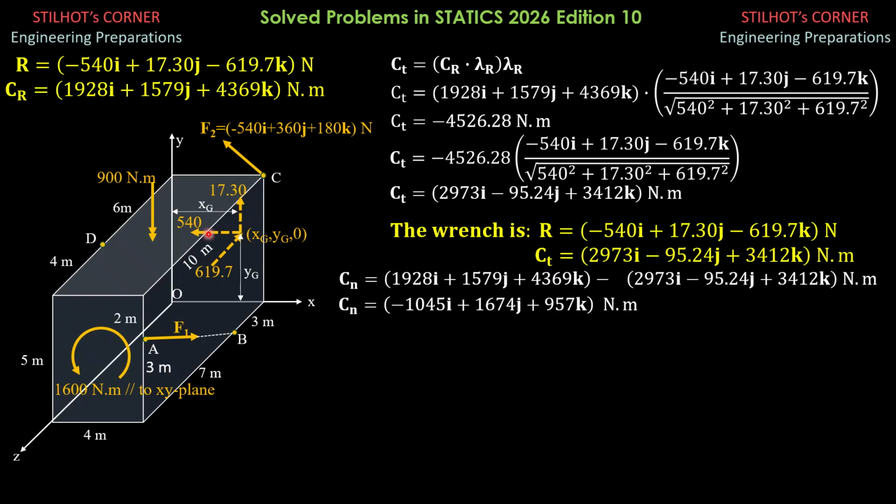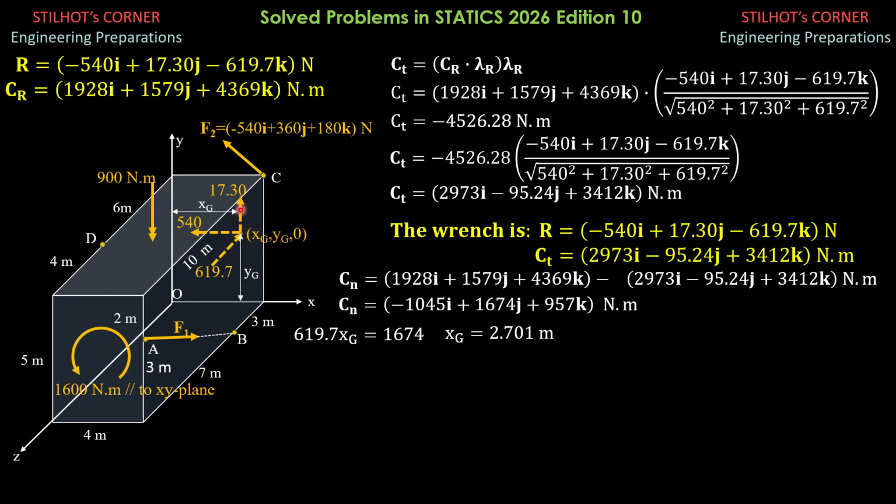The 540 Newton force when extended crosses the y-axis, and of course 17.3 is parallel to y, so no moment. So it is positive 619.7 times xg, and we equate that to this component of moment about the y-axis. So 619.7 times xg equals 1674. From there, we can solve xg, which is equal to 2.707 meters.